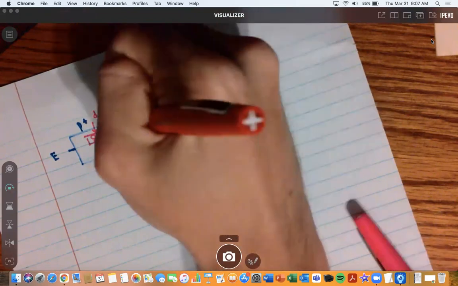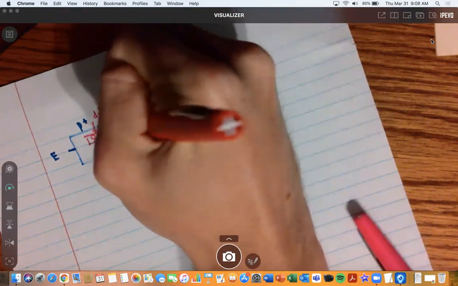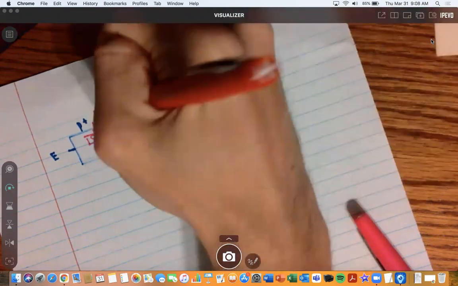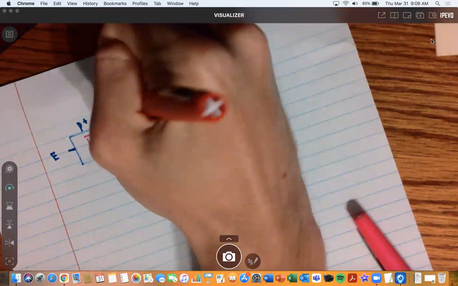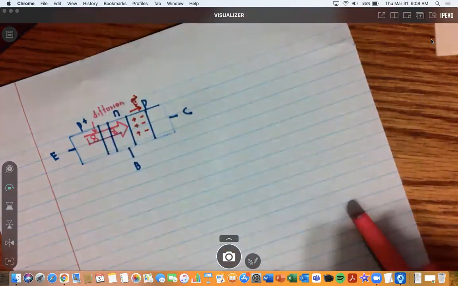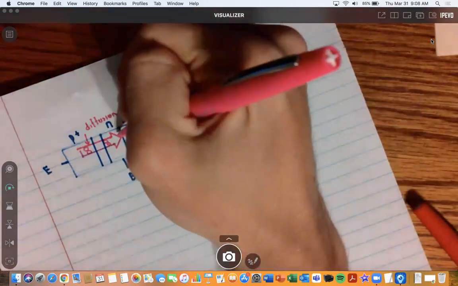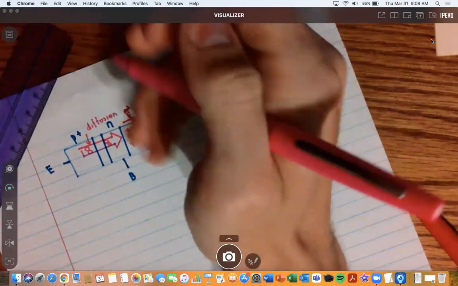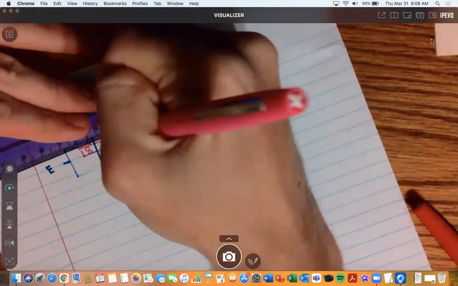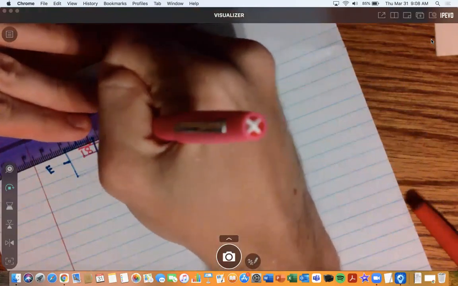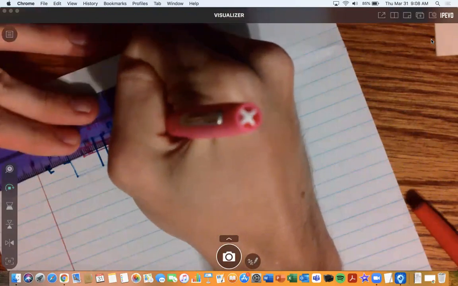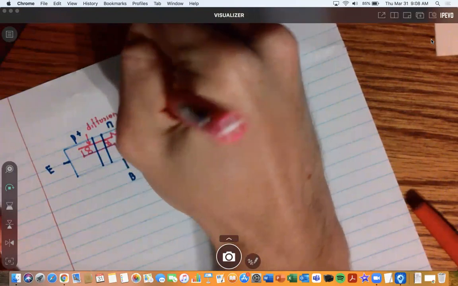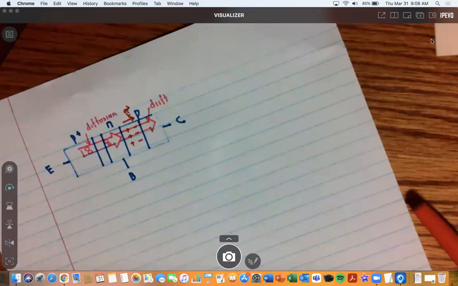Here we have pluses for dopant ions, and here we have negatives. An electric field is created from positive to negative, so that's where the electric field exists. Once these holes land in here, they're dragged by the force of the electric field, so our arrow keeps going through. This one is due to drift, because those charges are in the presence of an electric field.